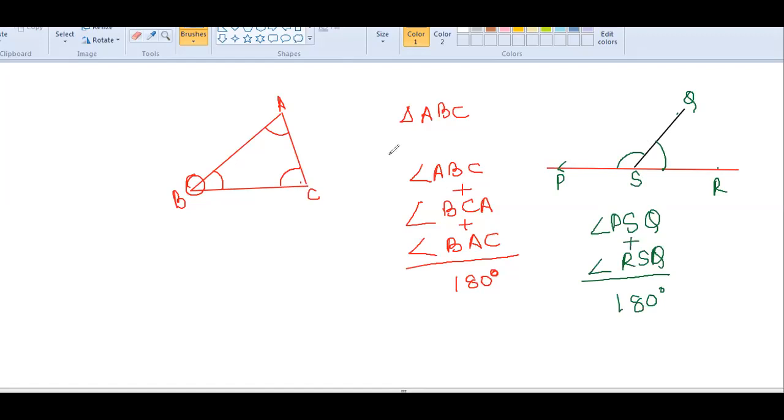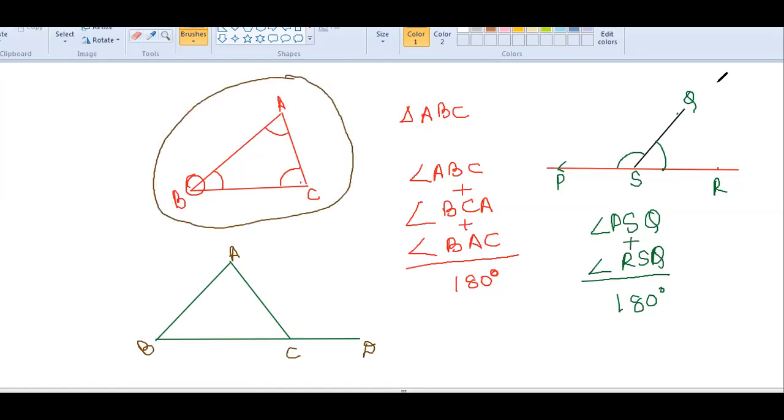Now consider another case where there is a triangle. We'll say this is your A, this is your B, this is your C, and this is your D. If you see, it is a combination of this triangle and this external angle, because it has three angles and one supplementary angle also.